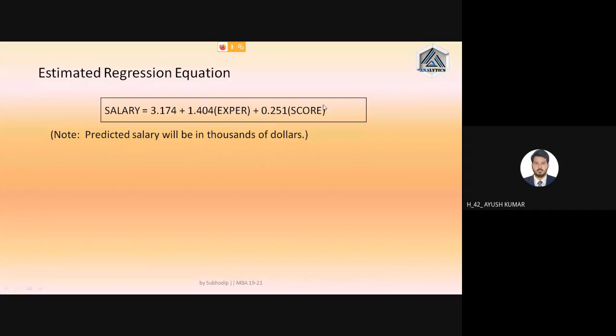Forget about this one. One unit change in experience means the salary will increase by 1.404. Every time, if you increase it to 2, it will increase again by 1.404. If I make it 3, again it will increase by 1.404. So for every unit change in experience, the salary will increase by 1.404.